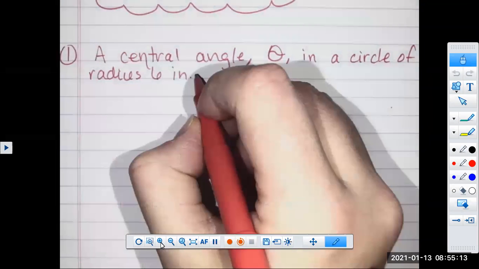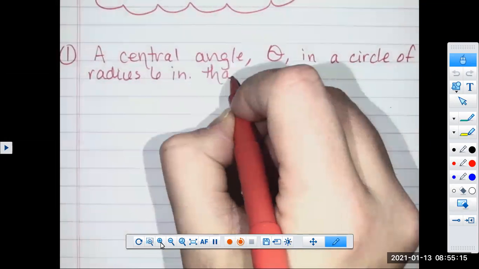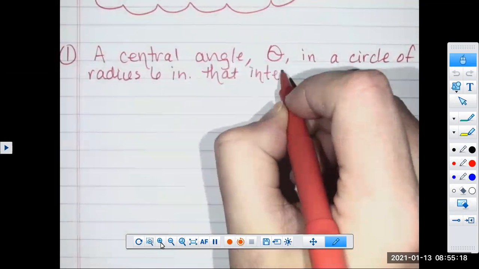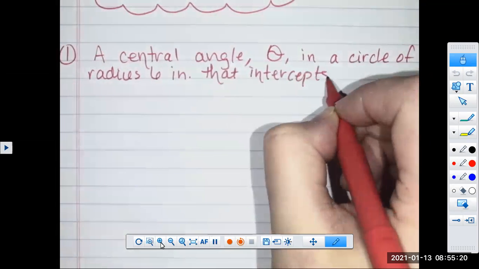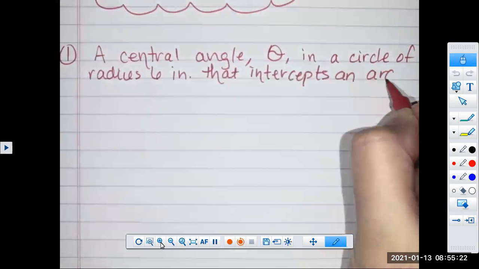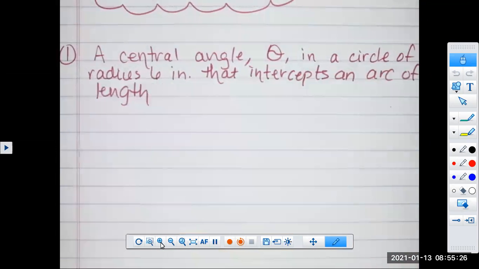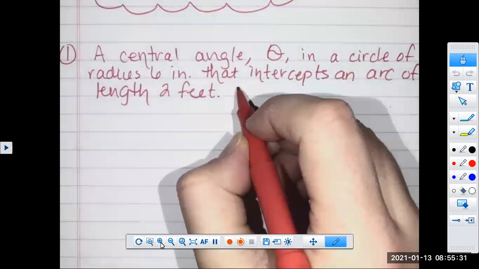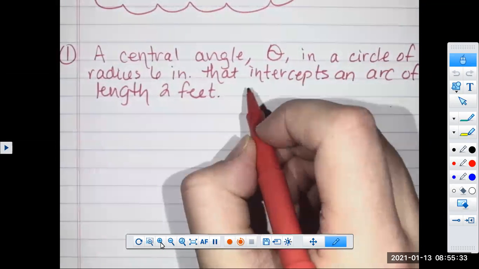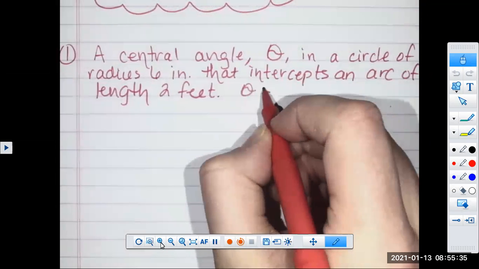It's intercepting an arc of length 2 feet. What is the radian measure of theta? So what is theta in radians?